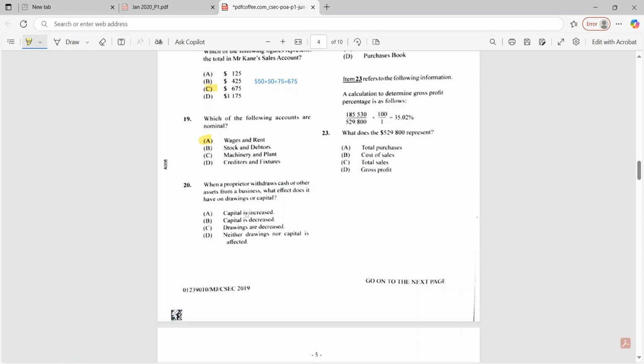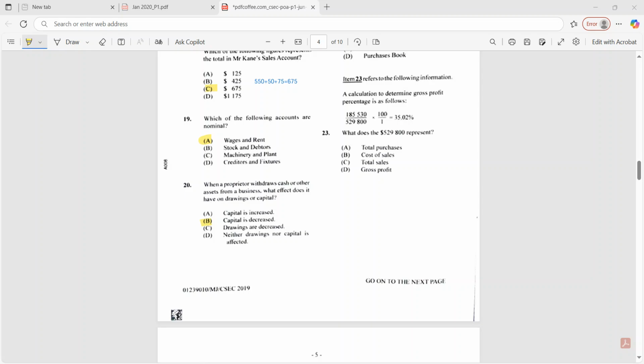Sorry, does it increase capital? Does it decrease capital? Does it decrease drawings, or neither drawings nor capital is affected? So what do we do to drawings? Do we subtract drawings from capital or do we add it to capital? We subtract. Therefore, capital is decreased. So remember the formula that we did at the start? That is what I'm speaking about.